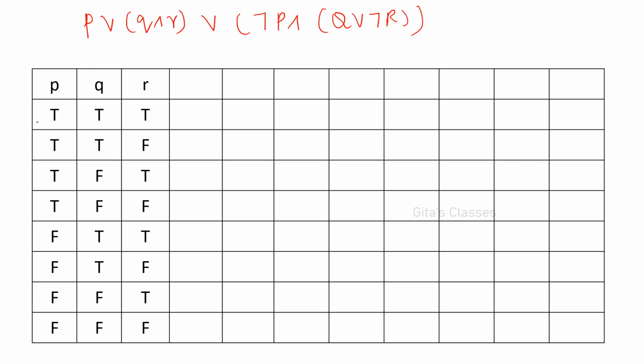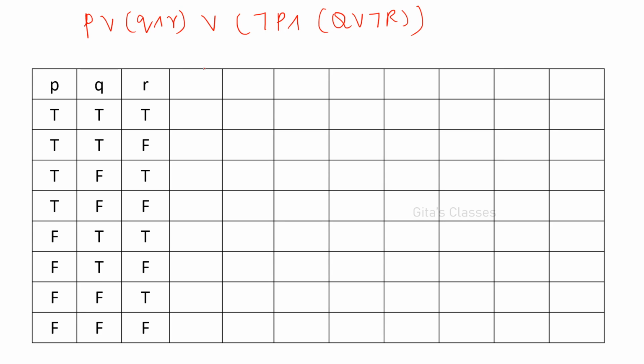So 4T, 4F, 2T, 2F, 2T, 2F, TF, TF, TF, TF. Now let me write the expressions one by one. Let us evaluate.